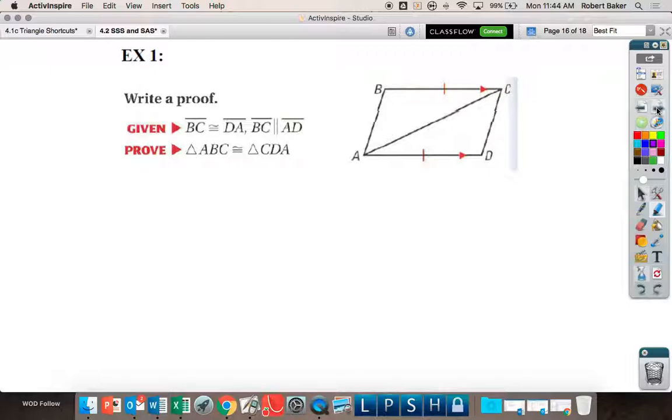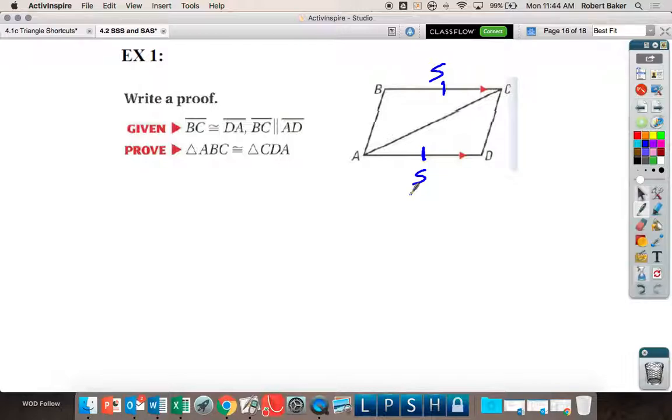We're trying to prove that triangle ABC and triangle CDA are the exact same triangle. But how? Angle side. Right now, and this is the problem, we have just one side proven to be congruent.